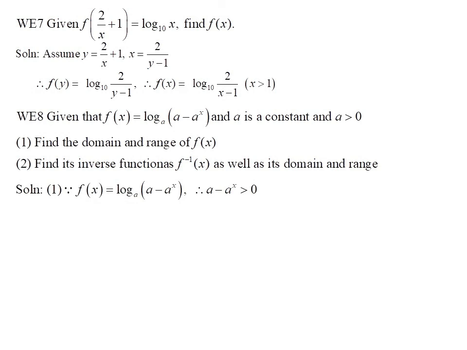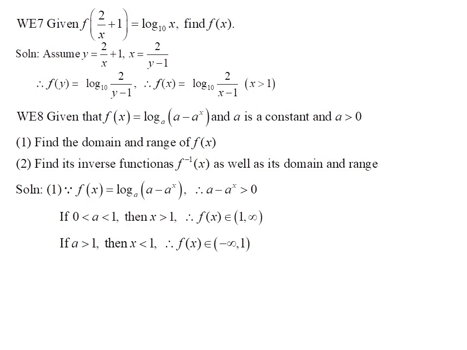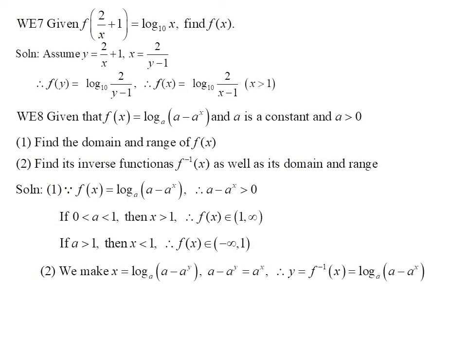As for question 1, if a is between 0 and 1, both the domain and range are greater than 1. However, if a is greater than 1, both the domain and range of the function f(x) are less than 1. As for question 2, in order to find its inverse, we exchange the positions of x and y.